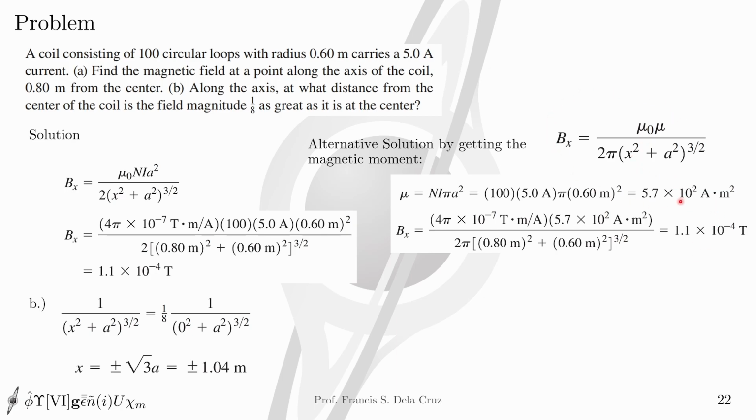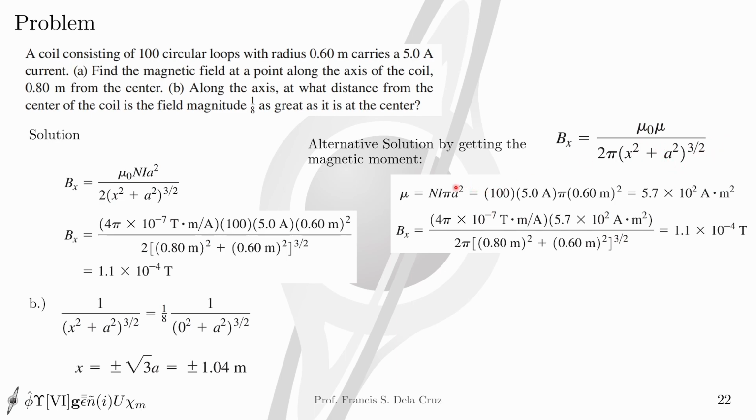Take note, class, that if we account for mu, which is equal to NIA, and then we replace the N I and A, which is somehow you have pi here, it will become this one. Okay, so this is in our lesson.